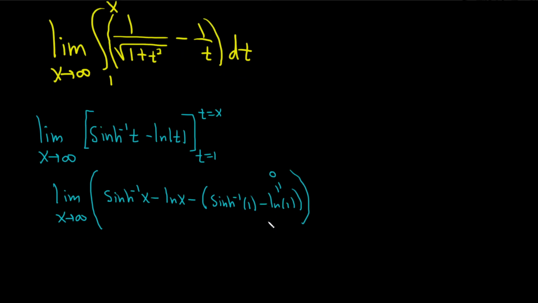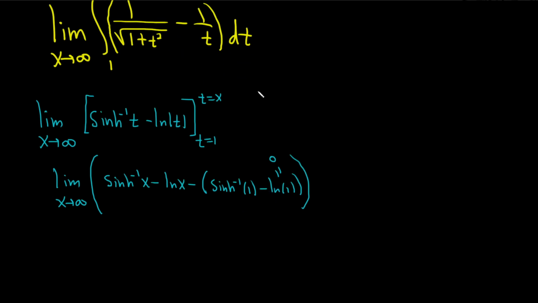Okay, so what do we do next? Well, we use the definition of sinh. So this is the limit as x approaches infinity. There's our parentheses again. So the definition of sinh inverse is the natural log of x plus the square root of x squared plus 1.